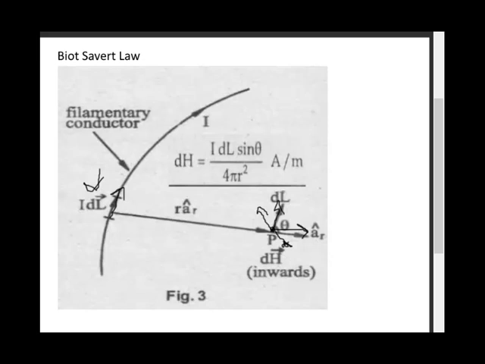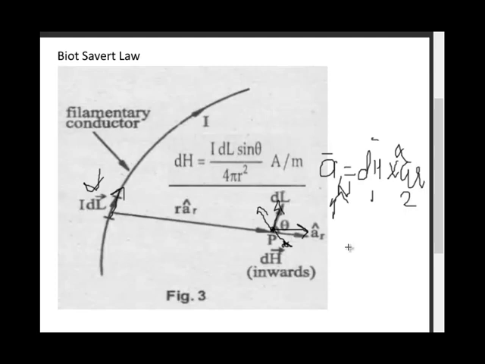So the direction of dH can be obtained by a unit vector an, and to get this an, we have to take the cross product of dl cross ar, because the right hand rule explains that if you tilt your fingers from the first vector to the second vector, the thumb will show the direction of the perpendicular vector.